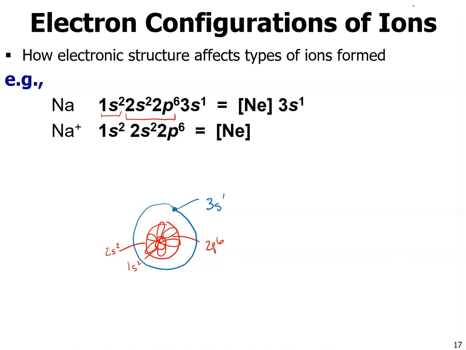Now for the effective charge in a sodium element, we have 11 protons in the nucleus and 10 electrons in the core, counting 6, 7, 8, 9, 10. So the effective charge that this outer electron sees is a plus 1 charge.